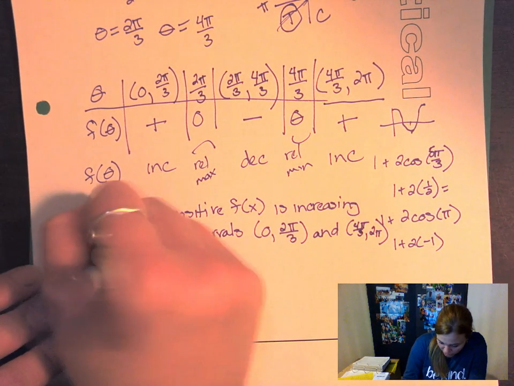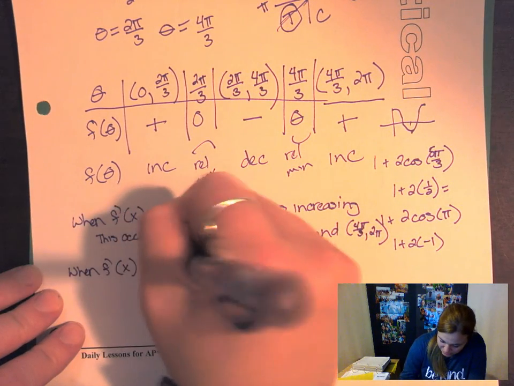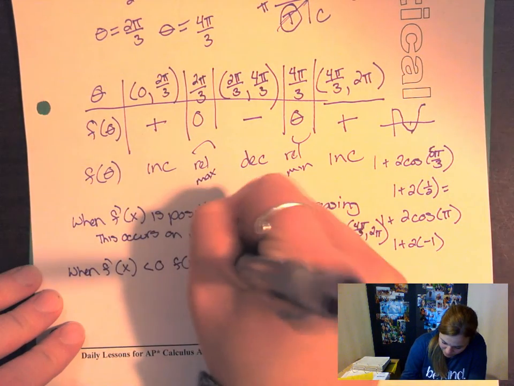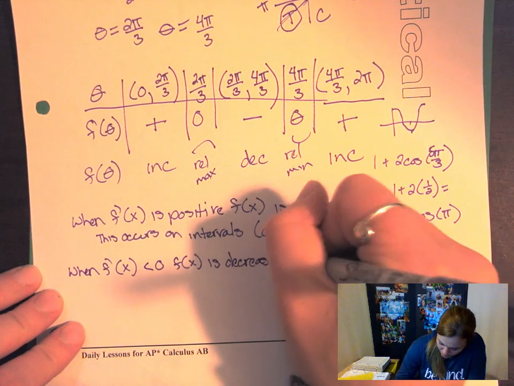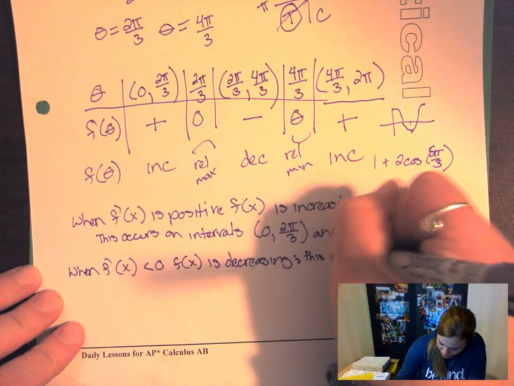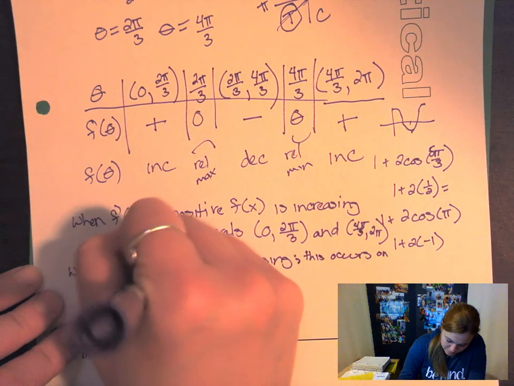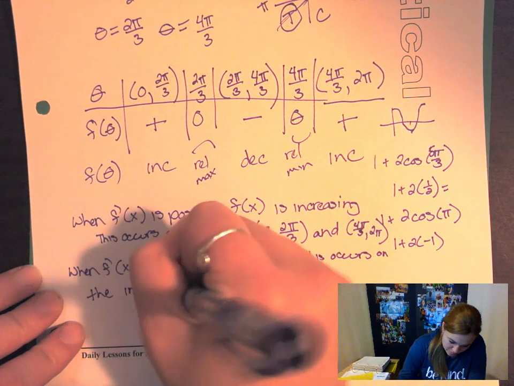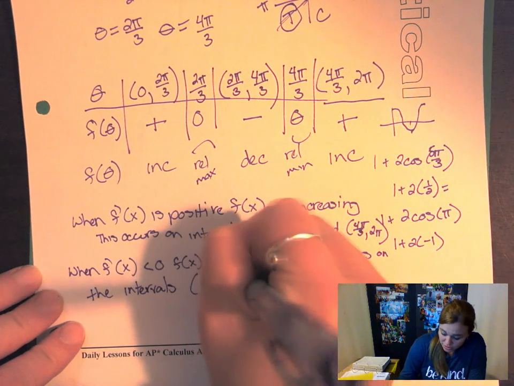When f prime of x is less than 0, or is negative, f of x is decreasing. This occurs on the interval 2 pi over 3 to 4 pi over 3.